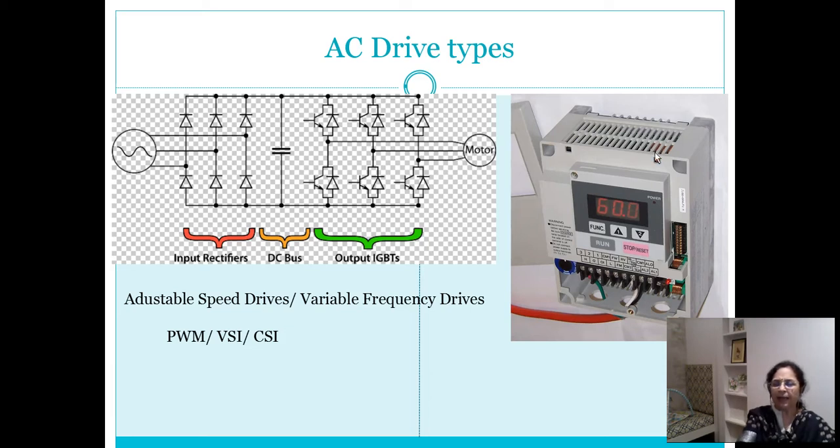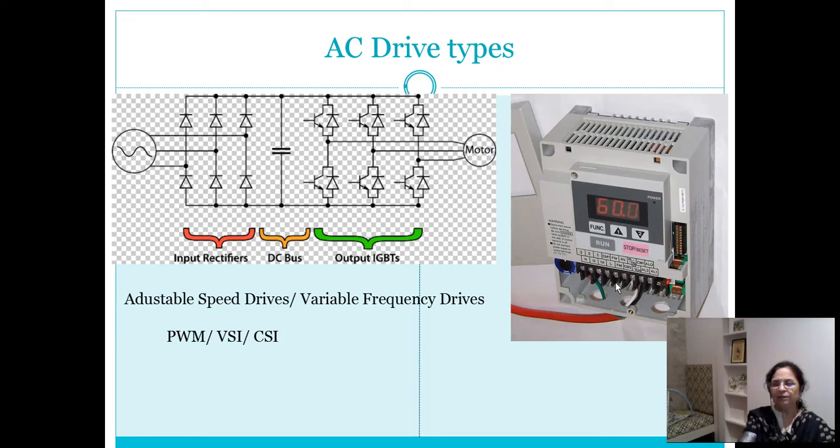This is a typical diagram of how an AC drive looks. AC drives have a control panel and a display mounted on it, and we can have various connections made to this. Through the parameterization window, we can parameterize what type of motor we are trying to control. Actually an industrial AC drive looks like this.